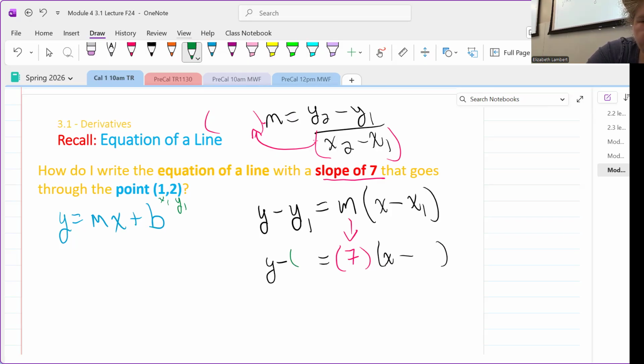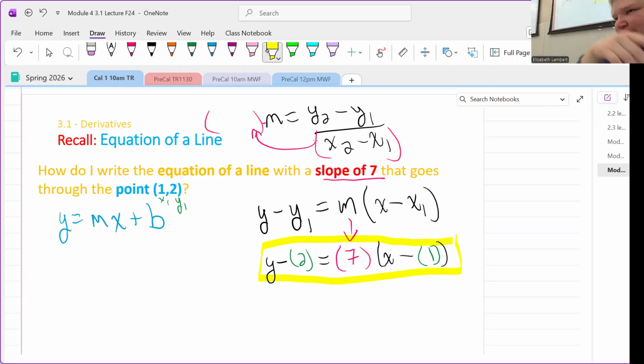So it's y minus 2 is equal to 7 times, and then it'll be x minus 1. Now, technically, that is an equation of a line. And on the test, that is an equation of a line. Don't do the extra work. If I don't say, write this line in y equals mx plus b form, that is a perfectly fine place to stop.